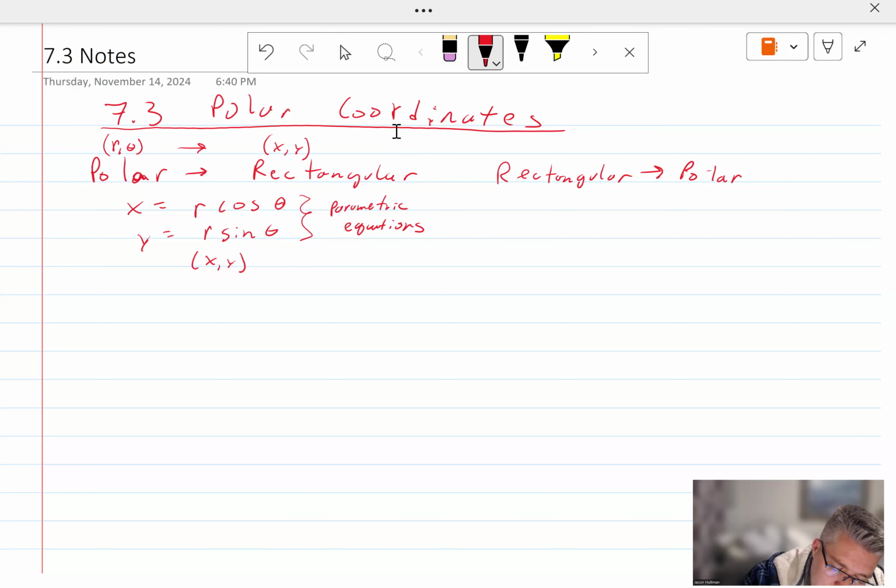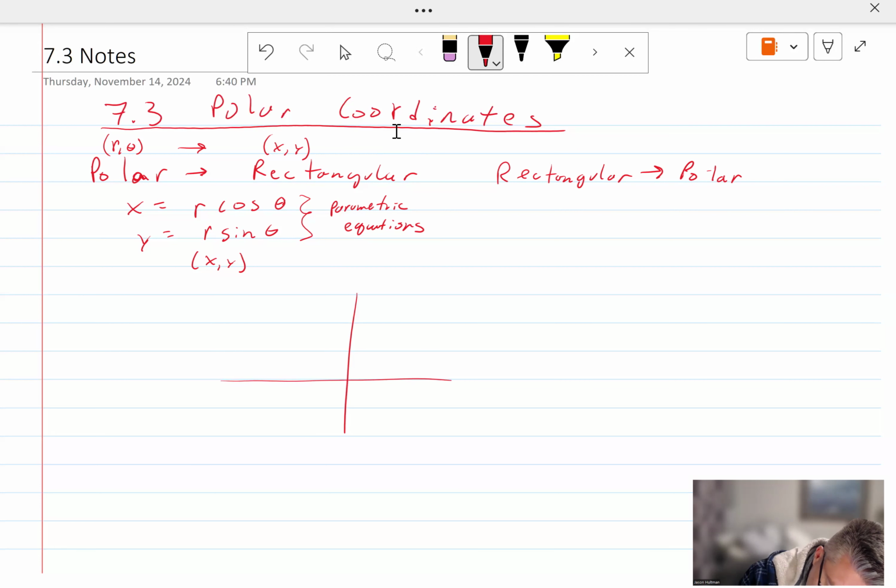A radius and an angle give me a polar point. A point on a polar graph is r, theta. Rectangular to polar: how do I find the angle of a point? Well, let's look at a graph real quick.